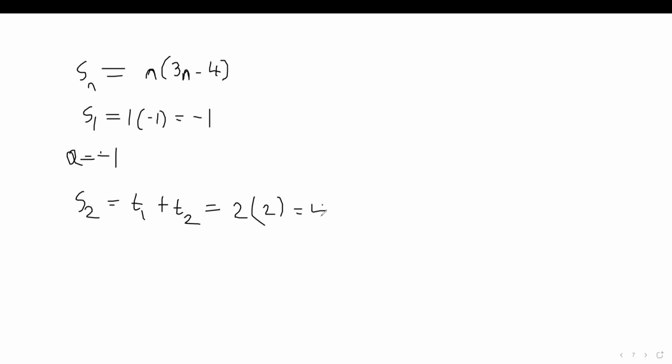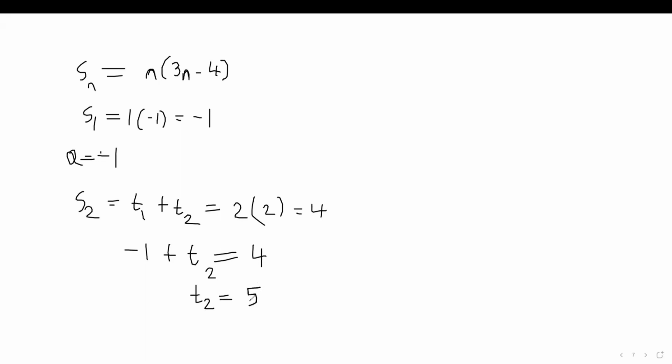So that is S2. But remember T1 is negative 1, so this is negative 1 plus T2, equal to 4. We bring over the minus 1 to get T2. The second term is 5.